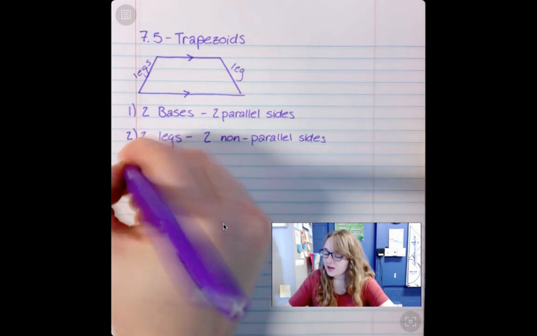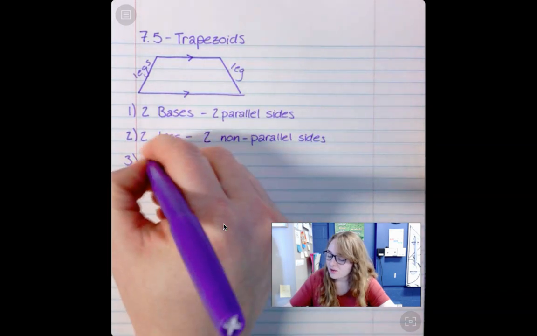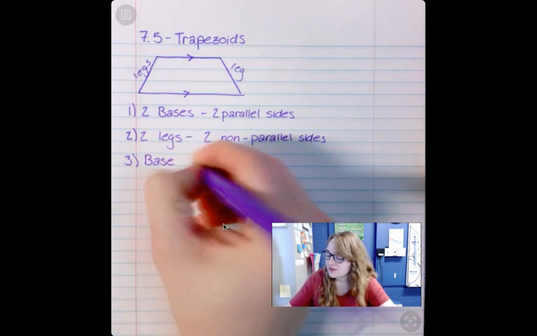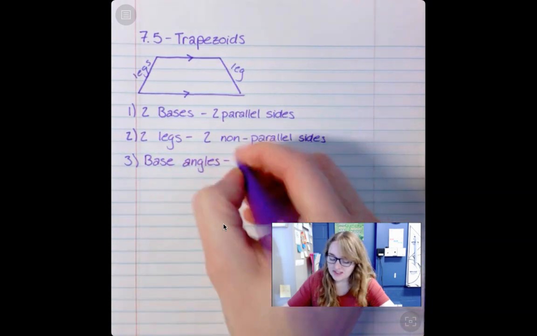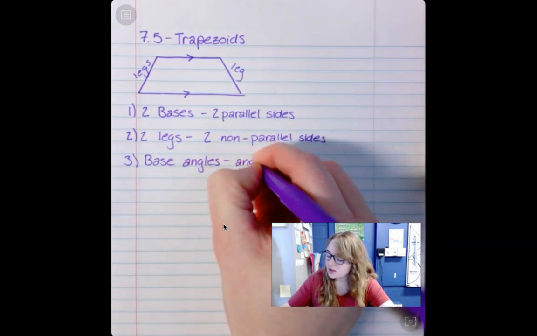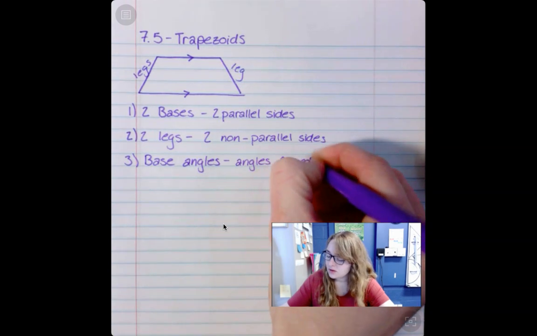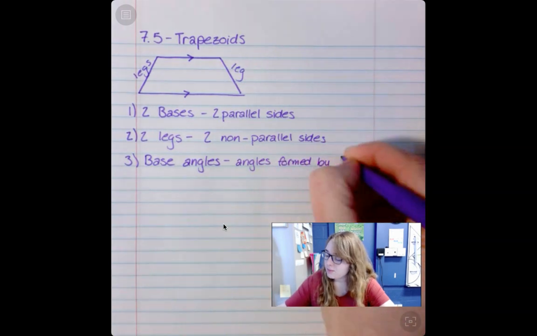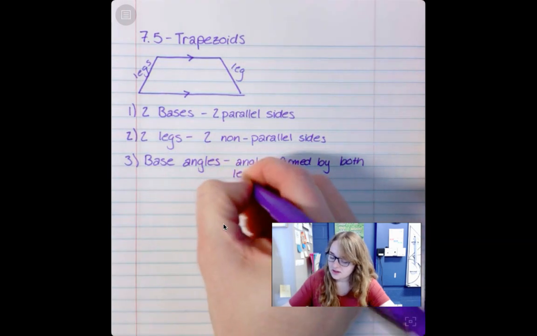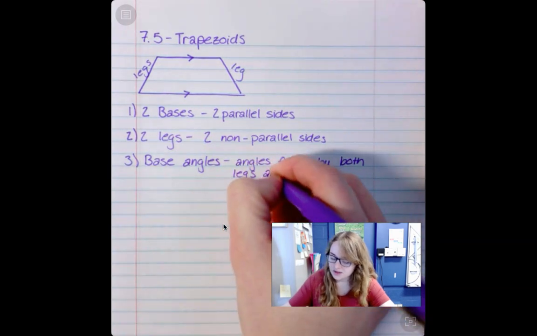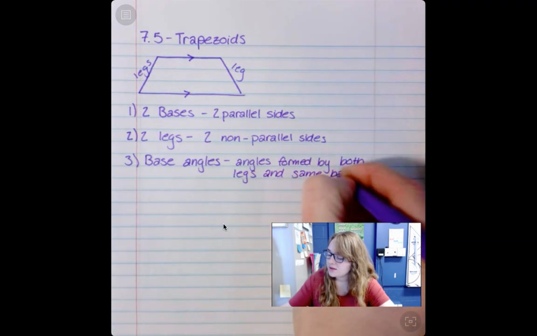Okay, our third thing about trapezoids, and again, just like a triangle, is we have our base angles. Remember that our base angles are angles that are formed by both legs and the same base.